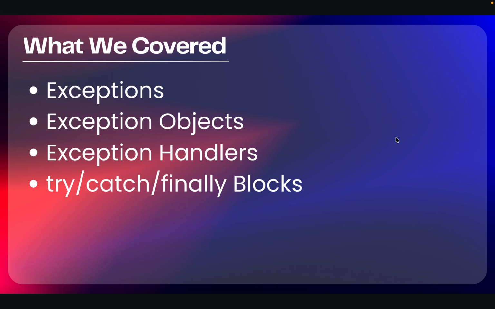So basically what we covered today is dealing with exceptions. And with exceptions, you have exception objects and handlers that work with it. Now, using all of that information, we would implement a try, catch, or finally block, or all three, or two of each, try and catch, to pretty much help us resolve those issues.